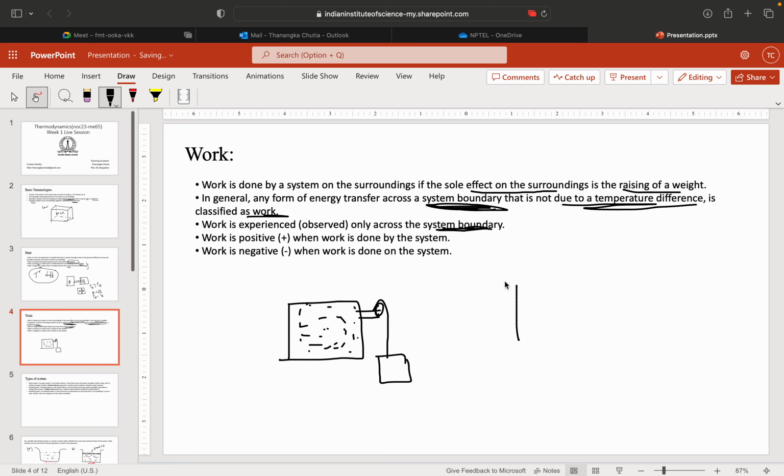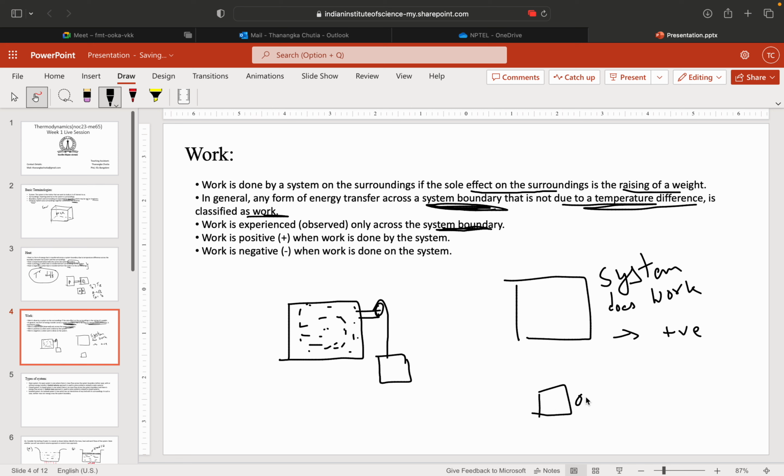Now if the system does the work, then my work done is positive, and if work is done on the system, then my work is negative.